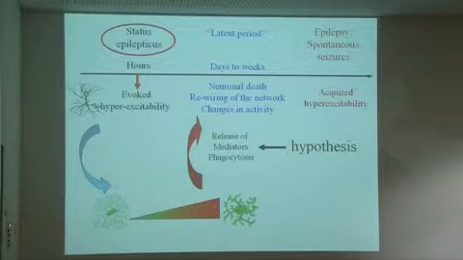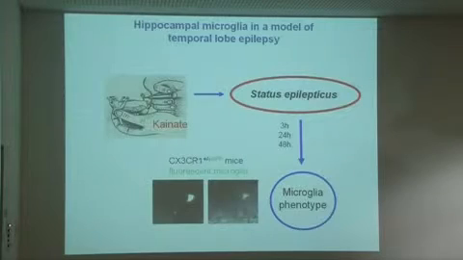What we have done instead, as a first step toward this study, is to look at the functional properties of the microglial cells, aiming to identify some key molecular elements that could be important during the latent phase of epilepsy.